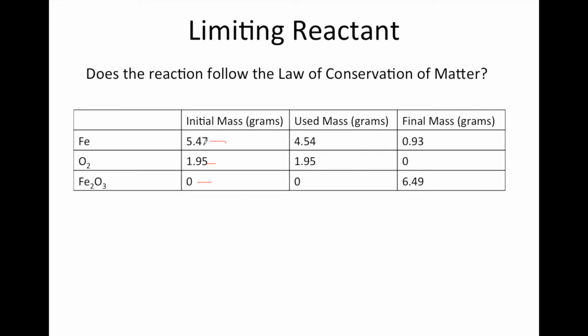When the reaction went to completion, all of my oxygen was used up because that's the limiting reactant. We calculated that only 4.54 grams of the iron was used. And so when the reaction was all done, we had 0.93 grams of the iron left over. We had no oxygen left over. It was all used up. And we produced 6.49 grams of iron(III) oxide.